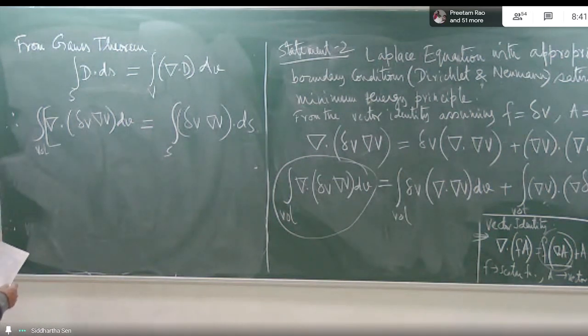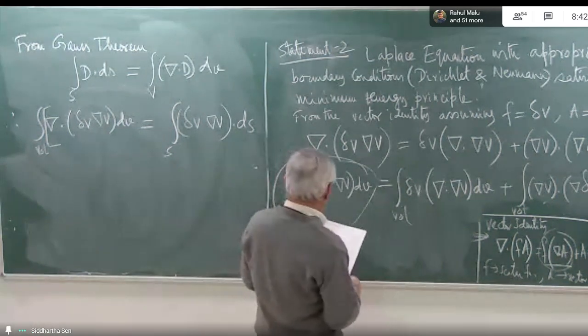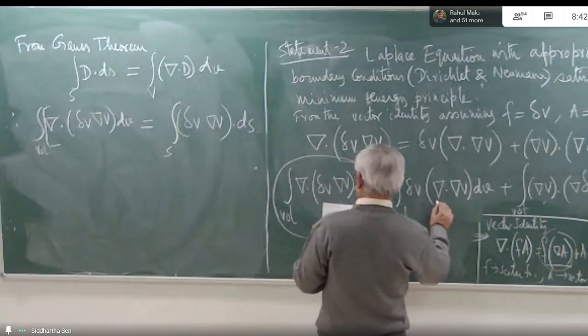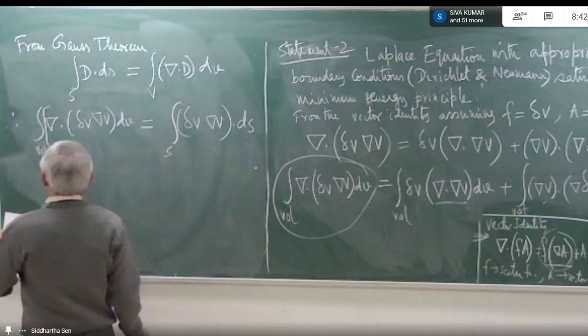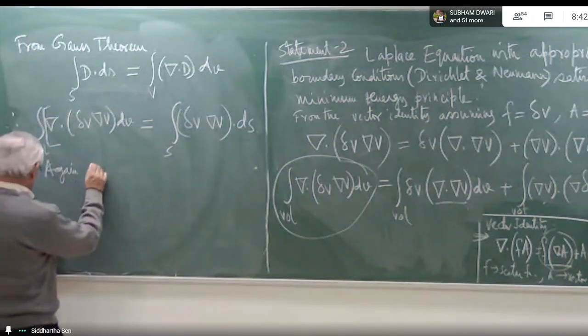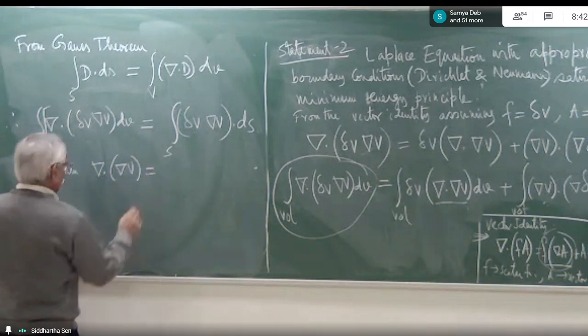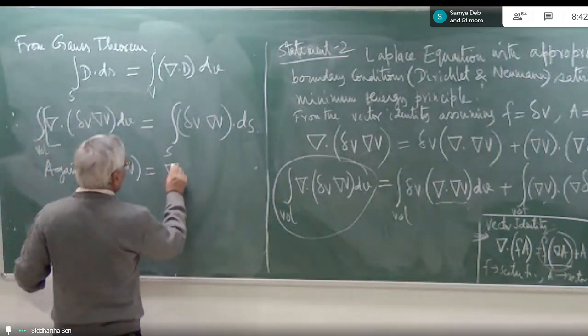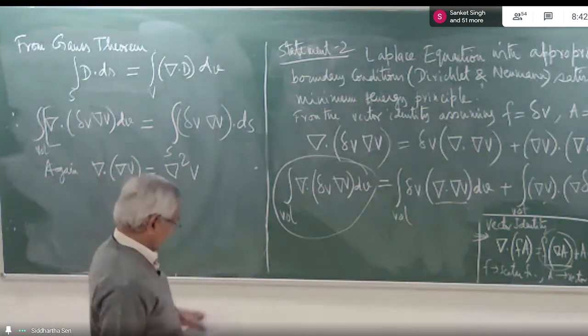Now look into this part. Nabla dot nabla v, which we express as the double derivative, that is nabla square v.